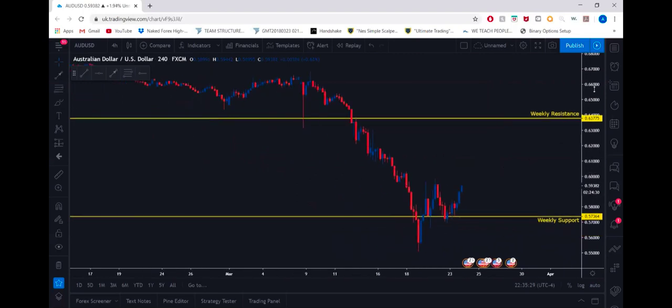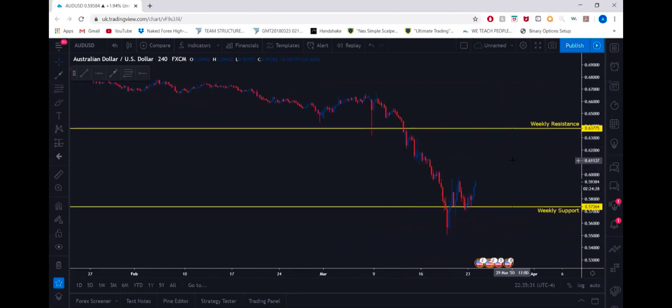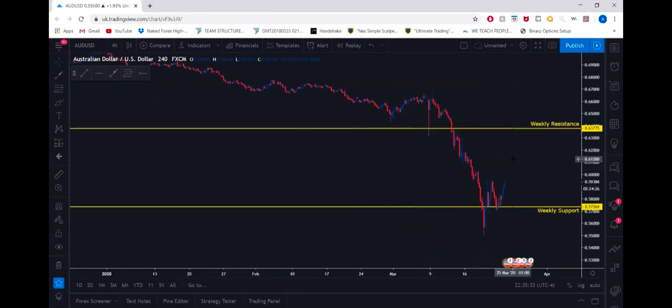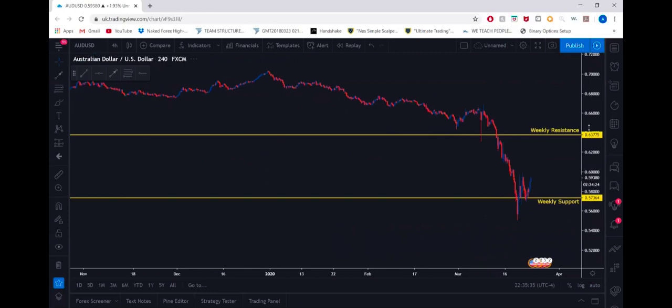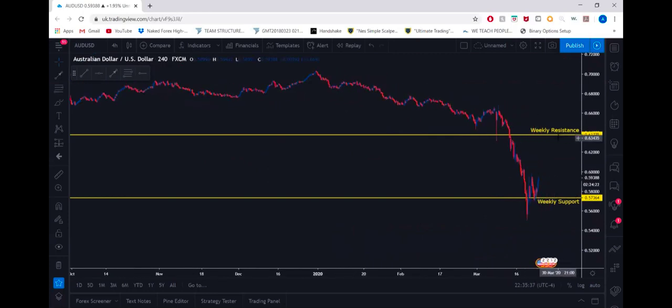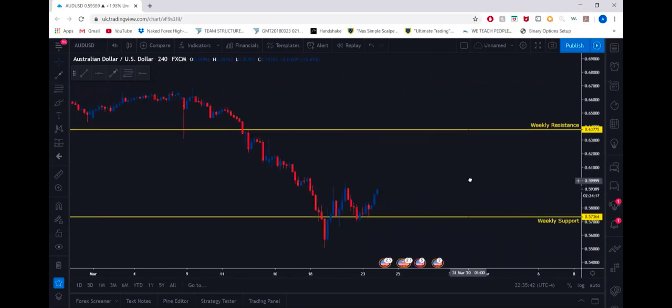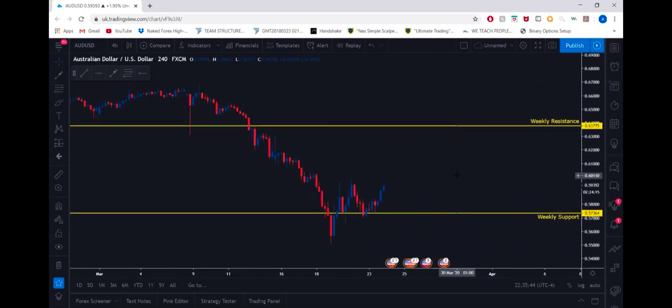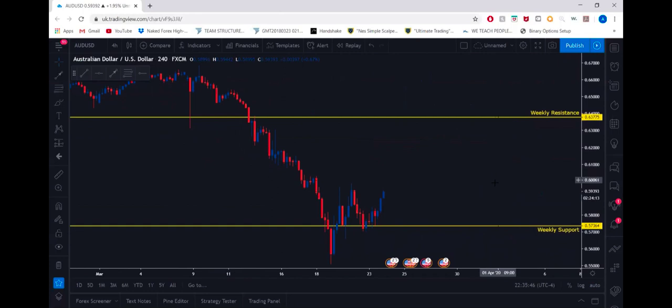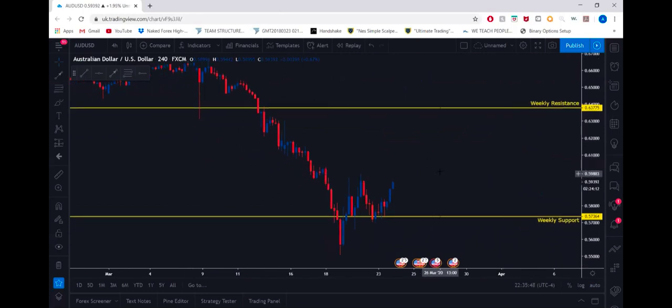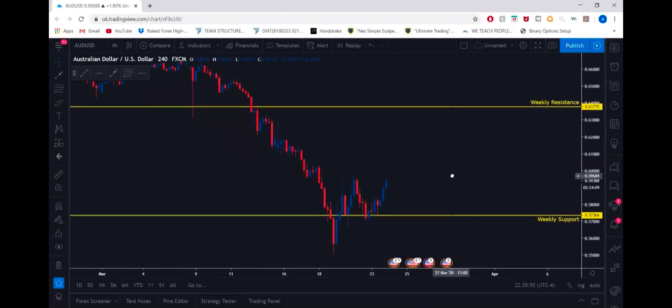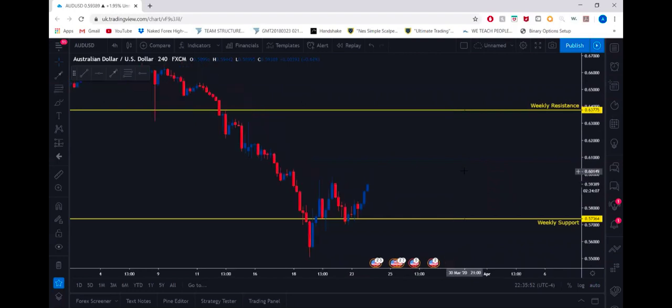In that instance, you will see a different structure on the pair. But I do believe this will head back up for some recovery, because like I said, it looks pretty much exactly like NZD USD, but we are only in NZD USD at the moment.